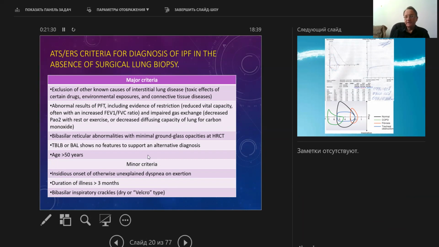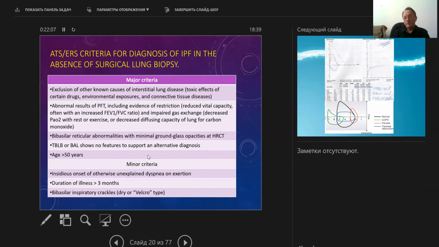First of all, it's reduced vital capacity and forced vital capacity. And due to prevalence of restriction over obstruction, the ratio between FEV1, which reflects obstructive disorder, and forced vital capacity, I told you, is the evidence of restriction. This parameter, forced vital capacity, reflects restriction. This ratio is increased.